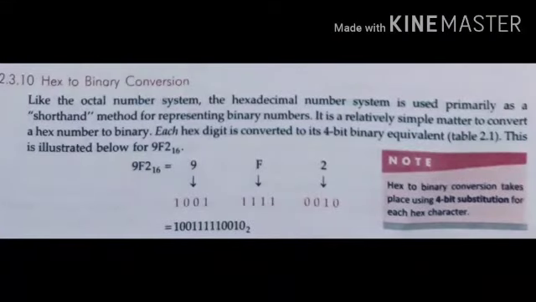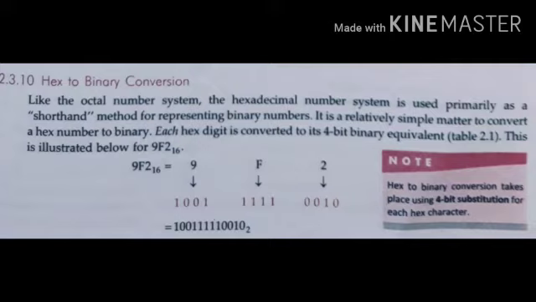While converting a hexadecimal number into its binary equivalent, each hexadecimal digit is converted into its 4-bit binary equivalent. Very similarly, as we had 3-bit representation for the octal number system, we will have 4-bit representation for hexadecimal values. If we take the example of the hexadecimal number 9F2 and want to convert it into binary, then individually 9, F and 2 will be converted into their 4-bit binary equivalents.